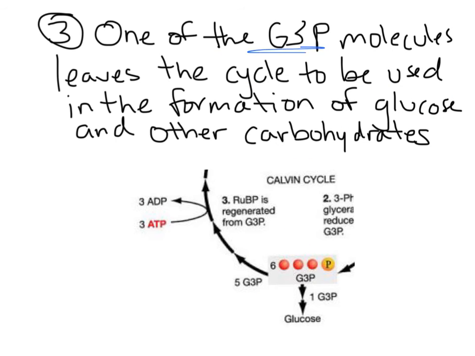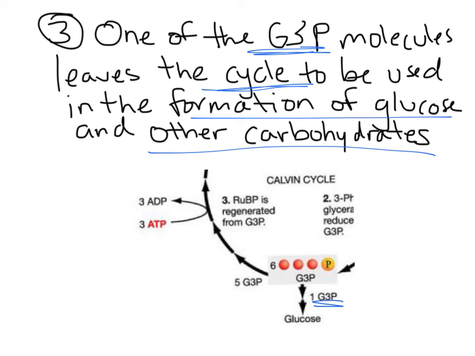So one of the G3P molecules is actually going to leave the cycle and be used to form glucose and other carbohydrates. So we get one G3P gone, and it's going to make glucose when it combines with another. So we need two G3Ps to get glucose.